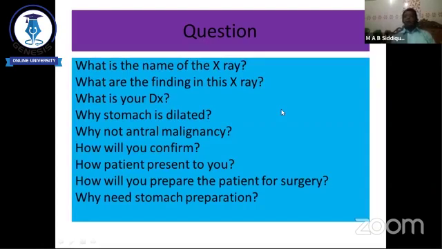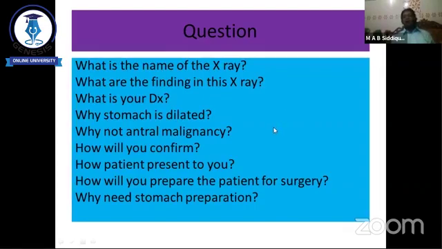Actually, this barium meal X-ray nowadays is limited, as endoscopy is more available, and barium is not confirmatory, but in endoscopy we can see and also confirm the diagnosis. So the use of barium meal is limited nowadays, but it is very important in your exam.